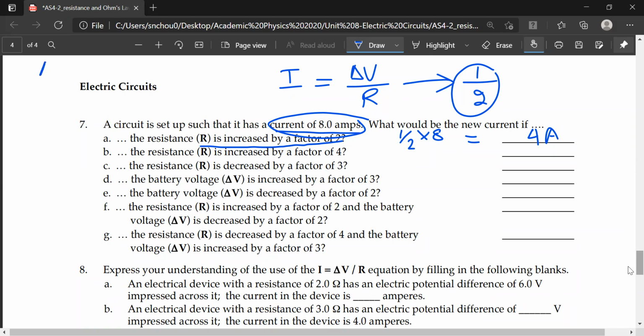So voltage, when I say decrease by a factor of 2, means voltage has become half its value. And I'm saying that the resistance has increased by a factor of 2, times 2. That's times a half. So by what factor would the current change? Is it going to double, triple? You want to send me the chat message so that I can see, give others a chance to figure it out too.